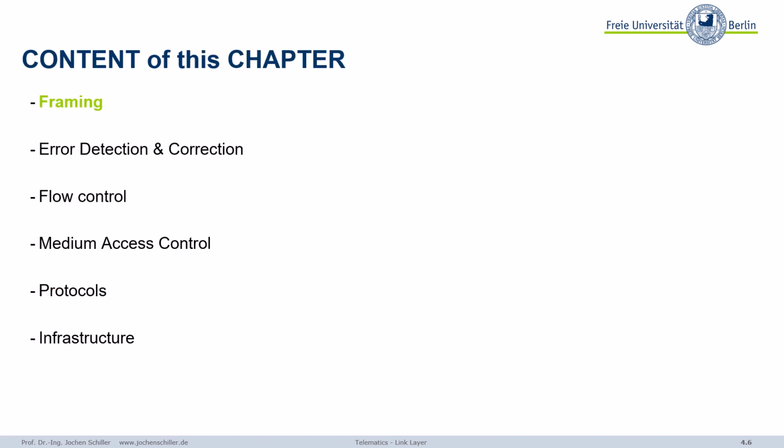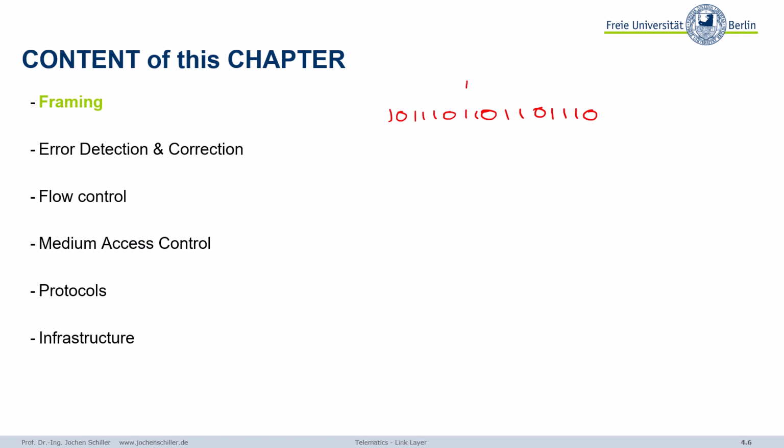Okay, first task. Quite important, framing. Why do we need something that's called framing? Well, remember, the physical layer delivers simply ones and zeros. That's all, including errors, but we'll handle errors in a second. So, how do you know that a frame now starts?